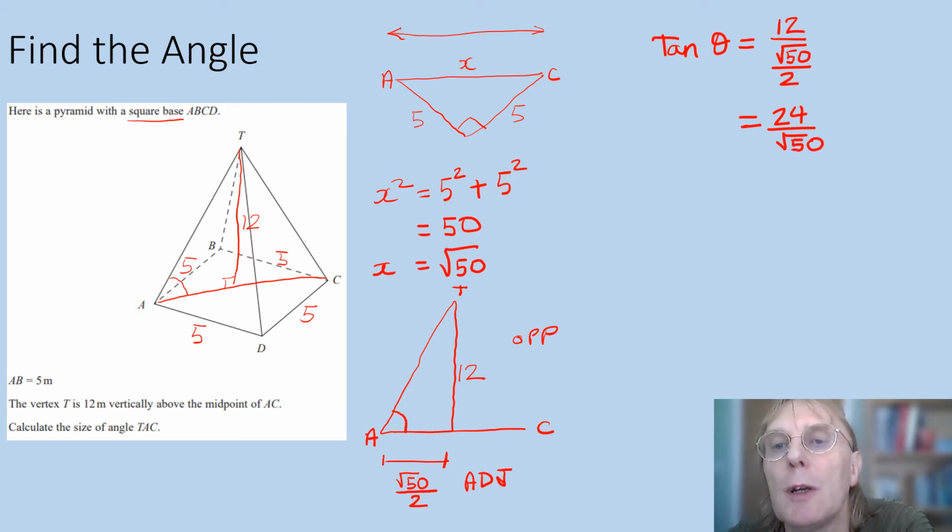So we've got to find the inverse of the tan, so tan to the minus 1 of 24 over root 50, so theta is going to equal 73.6 degrees.